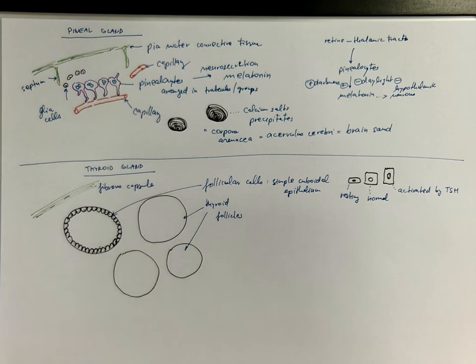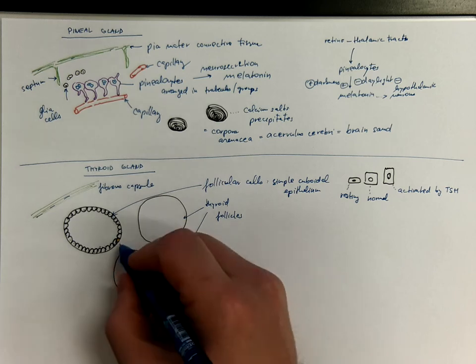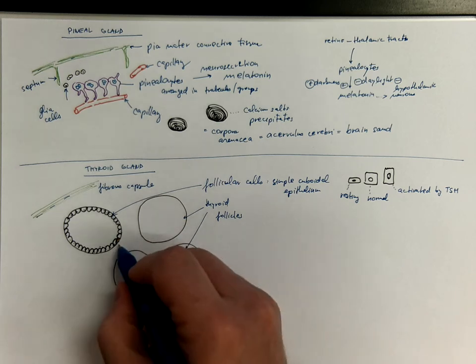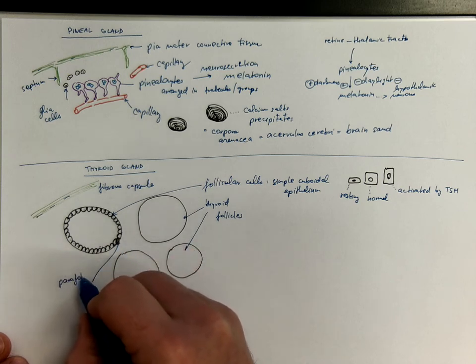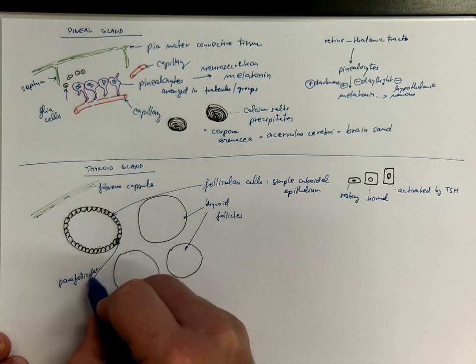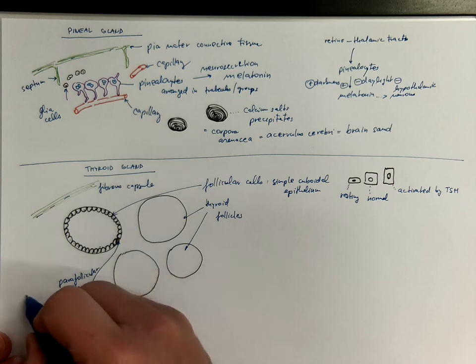And there are also special cells here on the same basal membrane that are very clear, and they are called parafollicular cells, or C cells. C like clear.